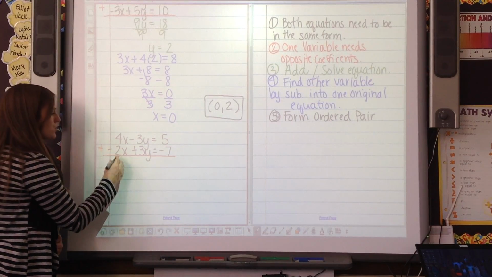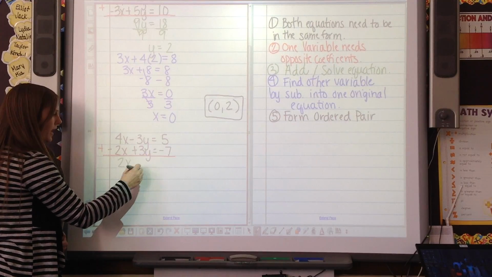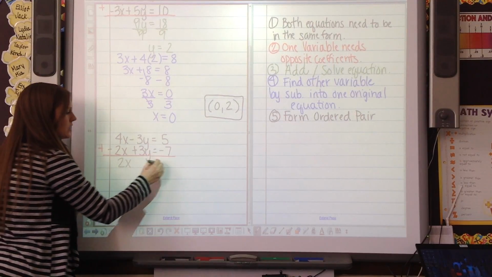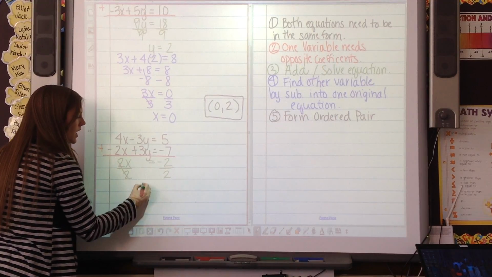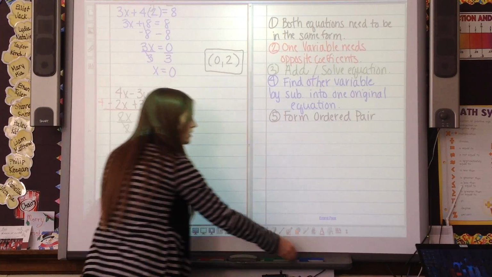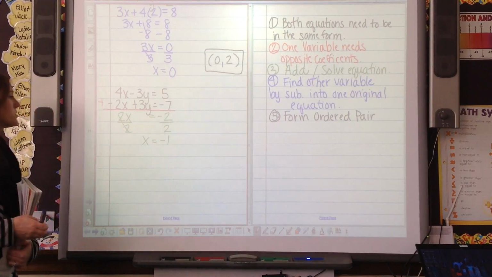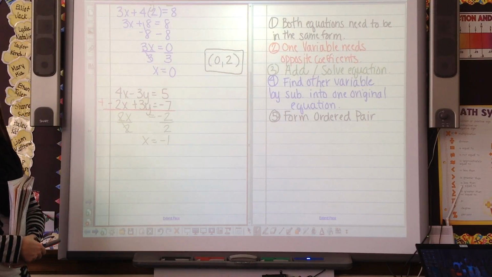4 minus 2 is 2x. Negative 3 plus 3 would be 0y. And then 5 plus a negative 7 is negative 2. Solve the equation. I get x equals negative 1. To find the other variable, you're going to substitute your answer into one of the original equations. I'm going to use the second equation this time.